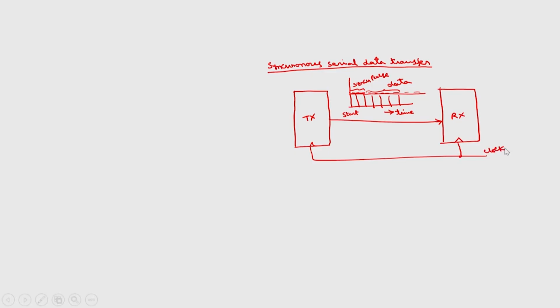Whereas, in case of asynchronous data transfer, both transmitter and receiver will be connected by a serial line, because this is serial communication.